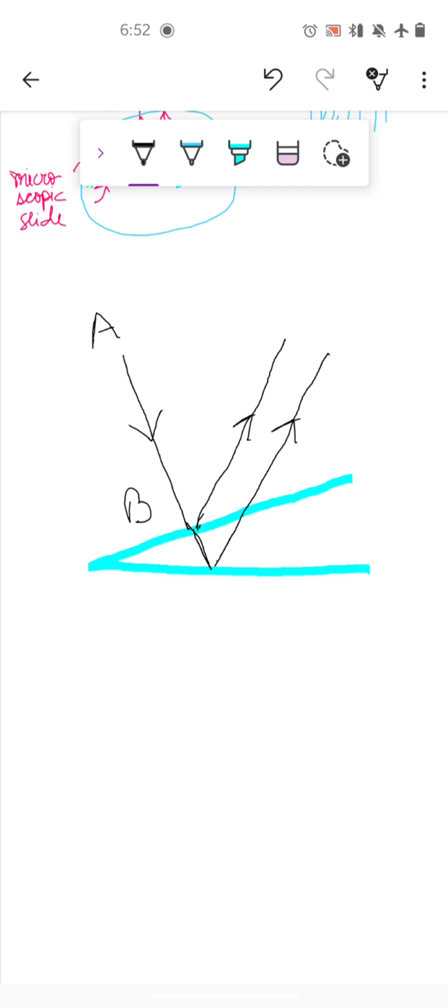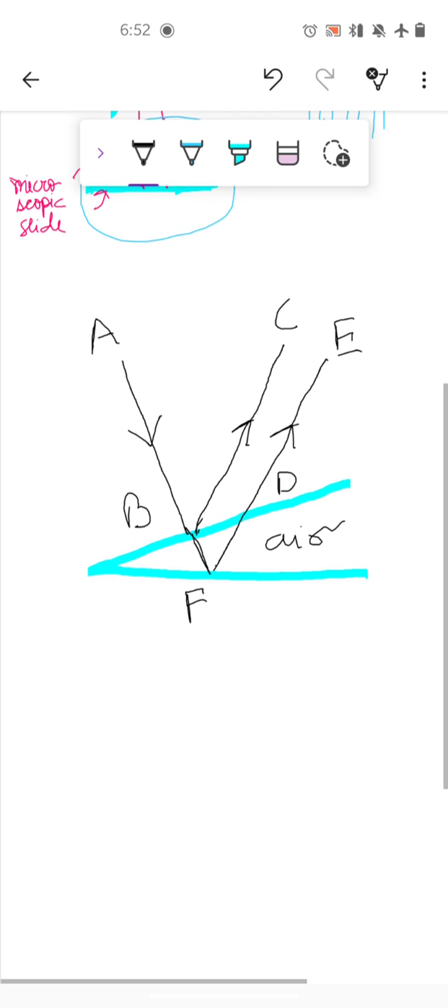This is known as C, and this is named E. Here the whole portion between the glass plates is air. This point we name D, this point we name F, and this is the angle of the wedge, theta.